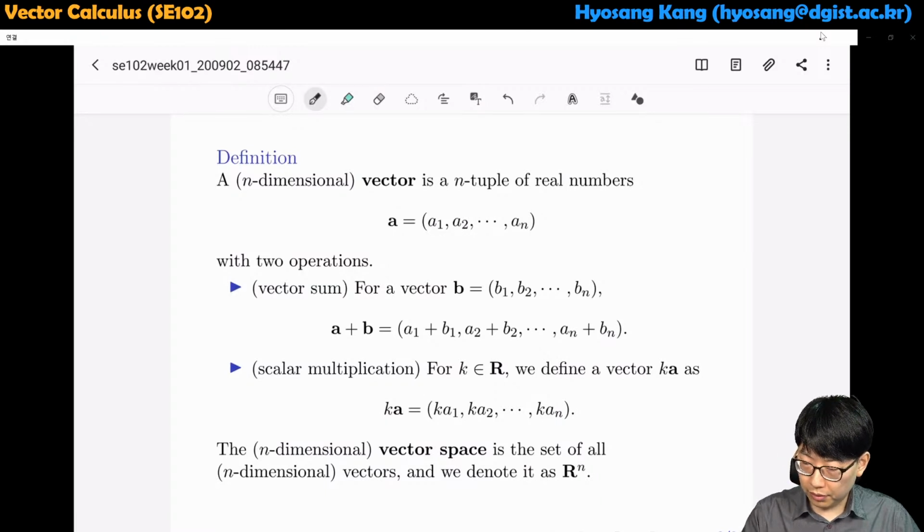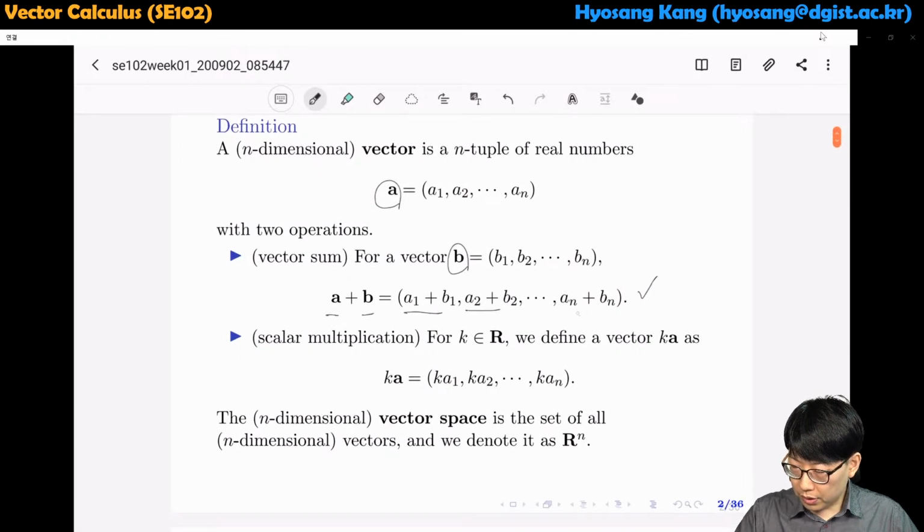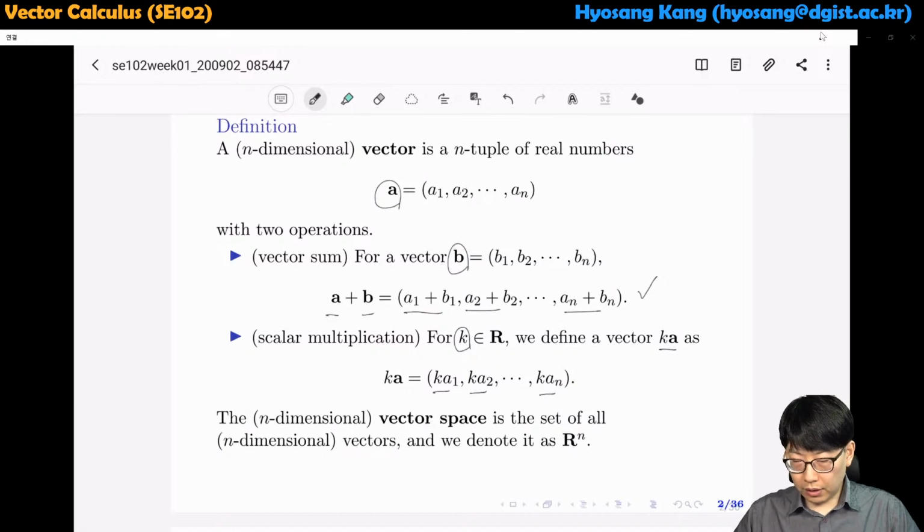If you have two vectors, for example vector A and another vector B with the same number of elements, n real numbers, then you can add these two vectors, which gives another vector whose coordinates are the sums of the coordinates in each place. Another operation is scalar multiplication: if you take any real number k, which could be 0 or negative, we can define another vector kA, whose coordinates are ka1 to kan.